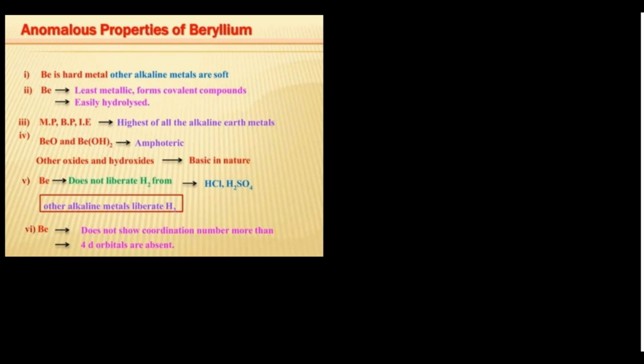Beryllium will not liberate any hydrogen when you put beryllium into HCl or H2SO4, but other alkaline earth metals, when you put them in acid, produce hydrogen. So I forgot to put this particular reaction, but I can give you the example. Say for example, you have calcium and you put this calcium into HCl. So what will happen?